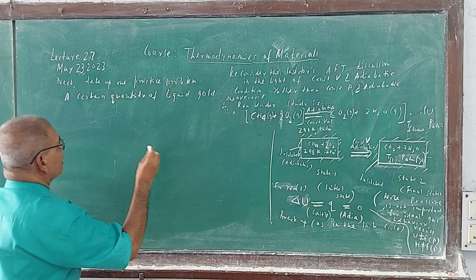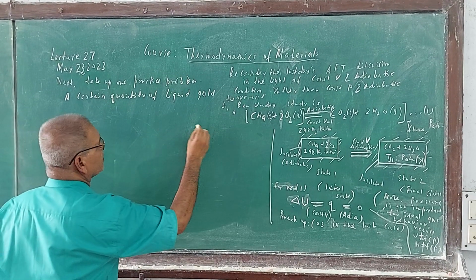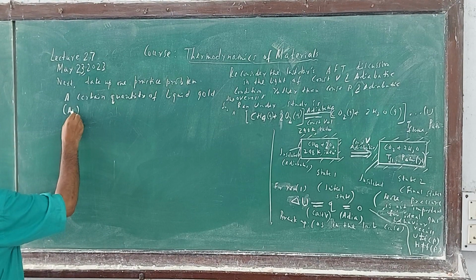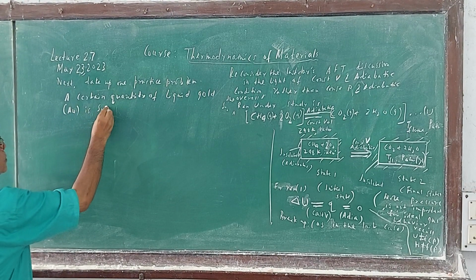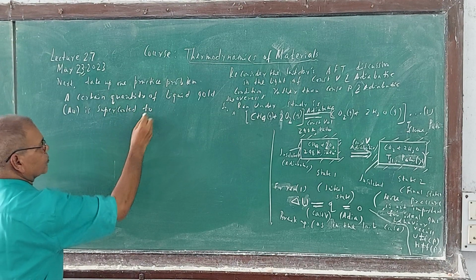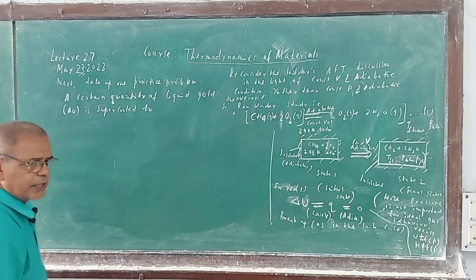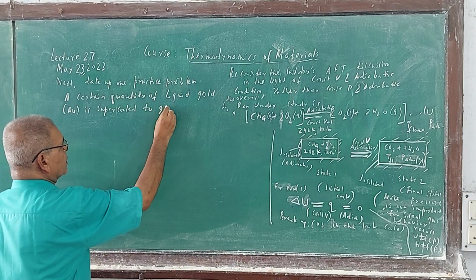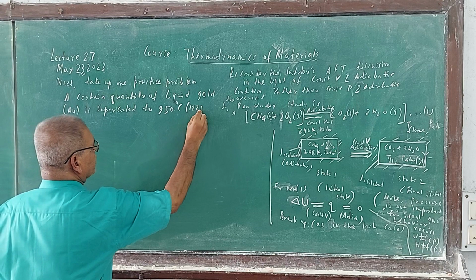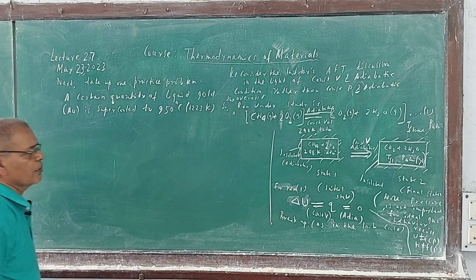Liquid gold is Au. Liquid gold is supercooled to 950 degrees centigrade. It is actually 1223 Kelvin. You may check this.